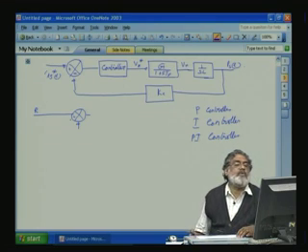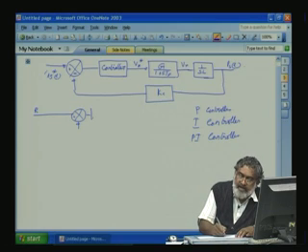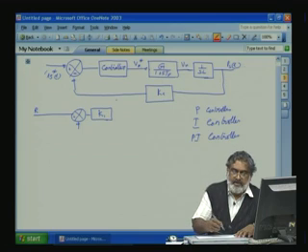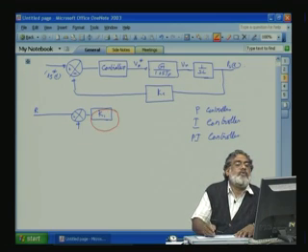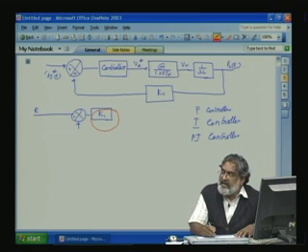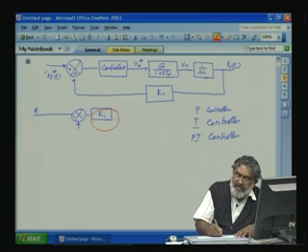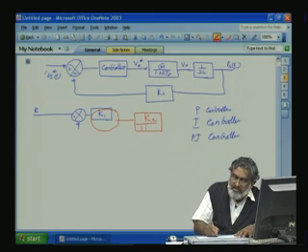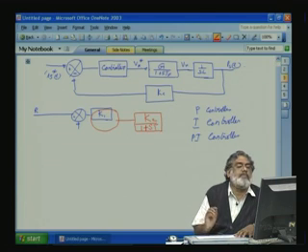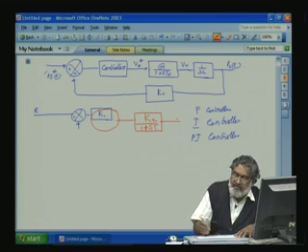Let us take a P controller with a gain of K1. In the controller part we are using K1. Now, let us make the system a first order lag with a gain K2 by 1 plus ST, with some time constant, and unity feedback.